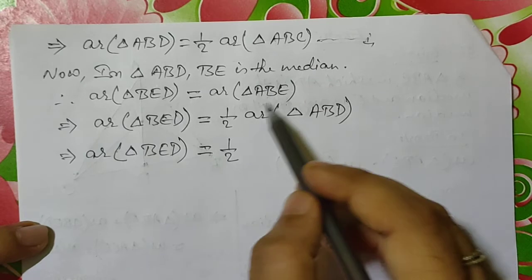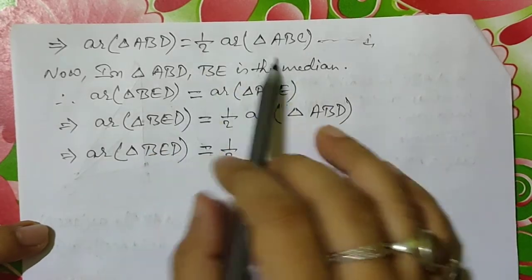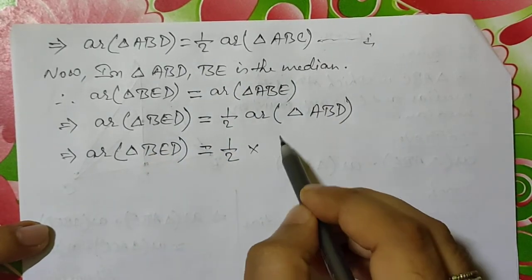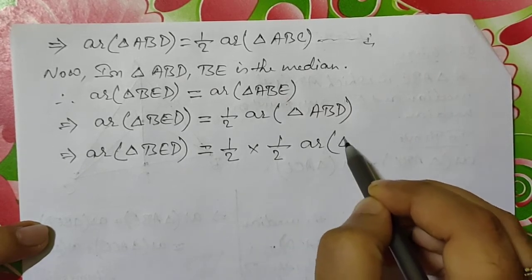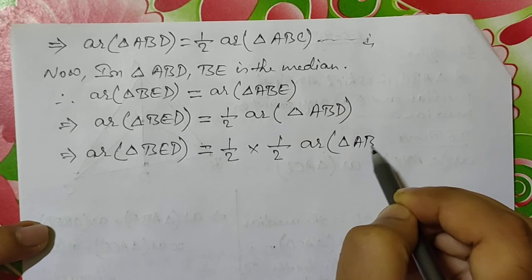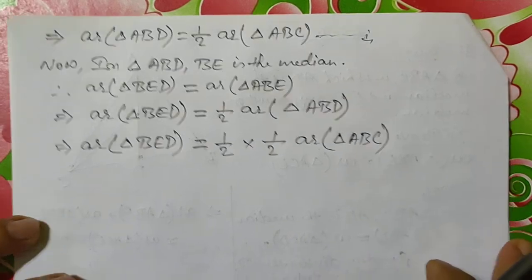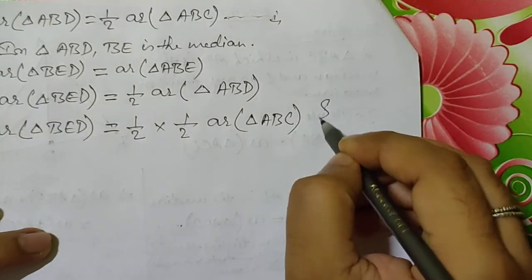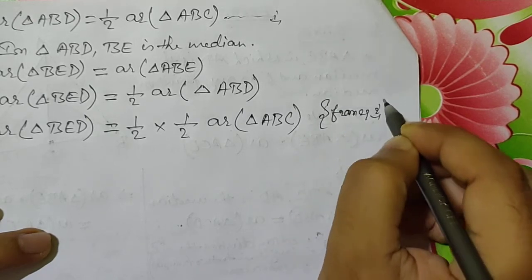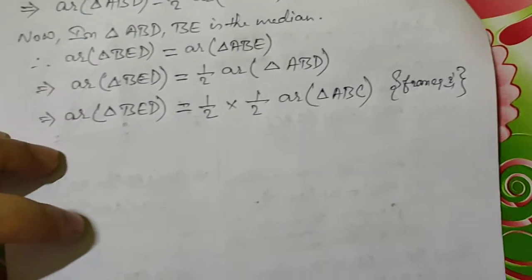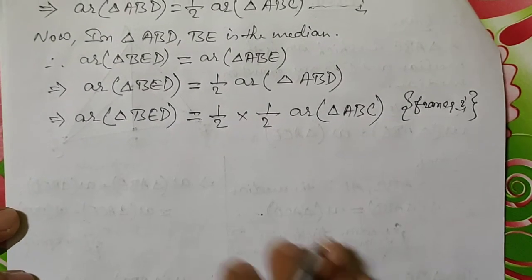So in place of area of triangle ABD, we can just replace it like this. So we write half into half area of triangle ABC, and the reason for this we get from equation 1. Okay, let's move on now.